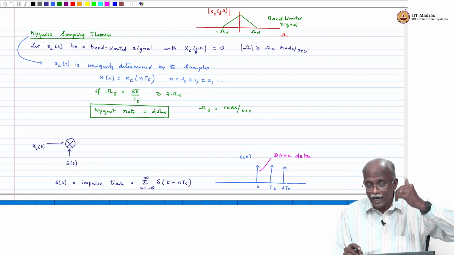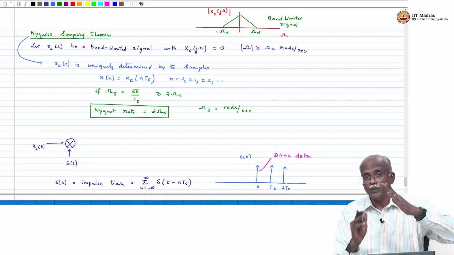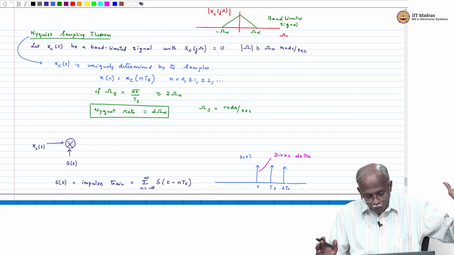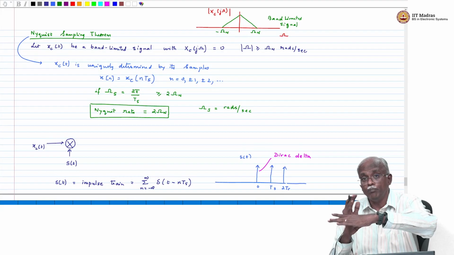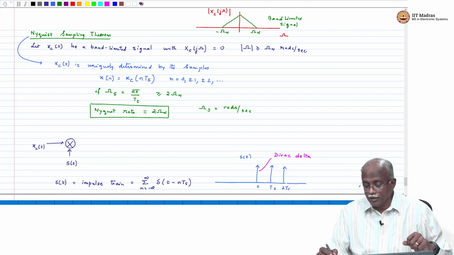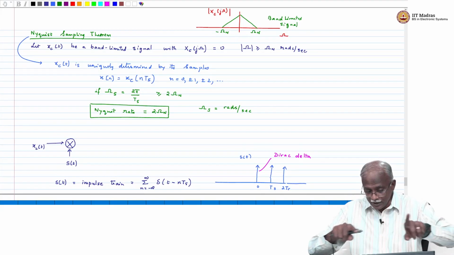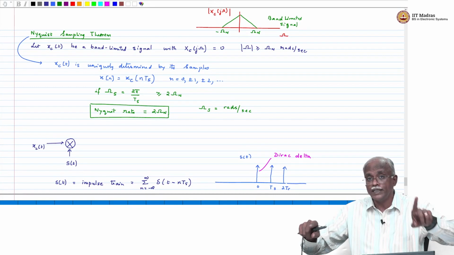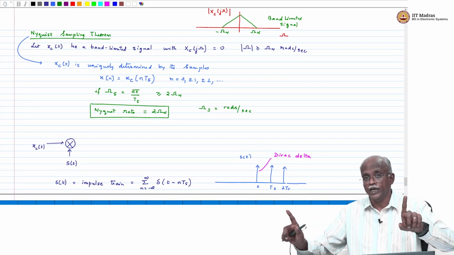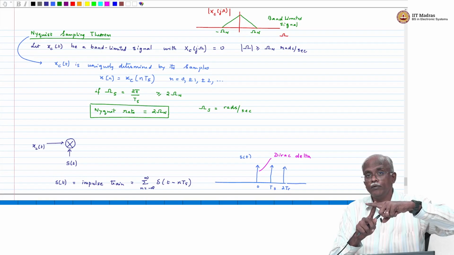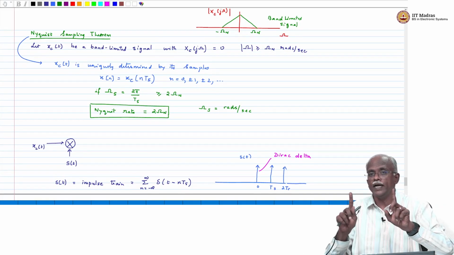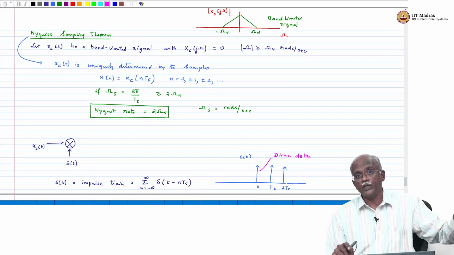Now, we will look at the properties of the Dirac delta, but when you multiply one signal by an impulse train, remember that s of t is 0 everywhere except where the Dirac deltas are occurring. So the product will be non-zero only where the Dirac deltas are occurring. Everywhere else it will be wiped out.